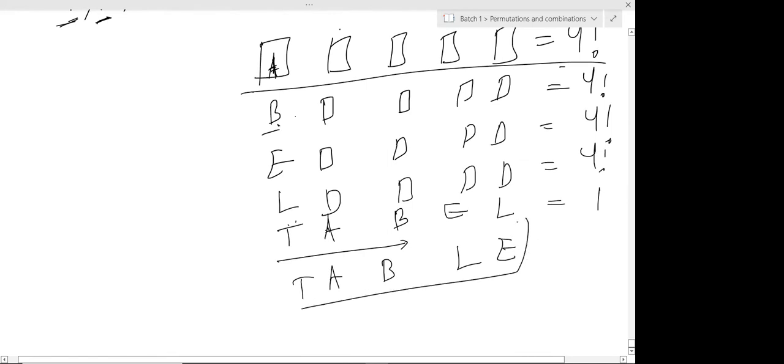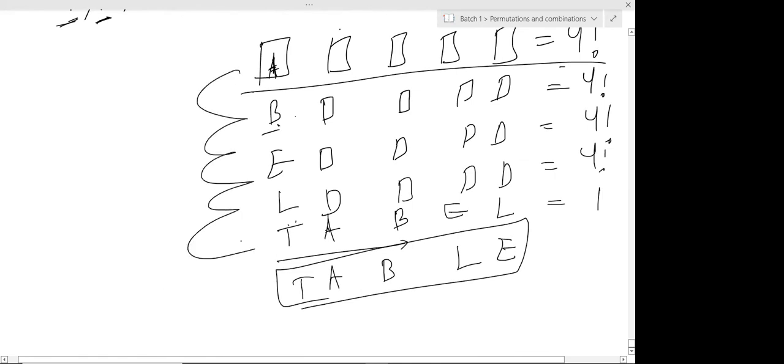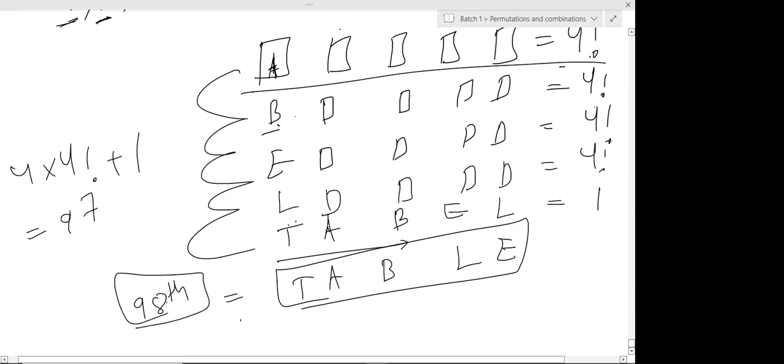So this is the word we want. So how many words are left? This is 4 factorial plus 4 factorial plus like this. So 4 into 4 factorial plus 1, right? So this is 97. So table is the 98th word. Is it clear, everyone? Yes, sir. All right.